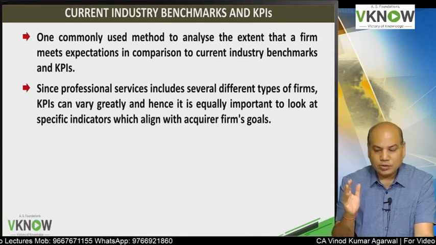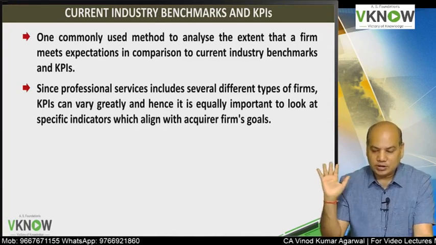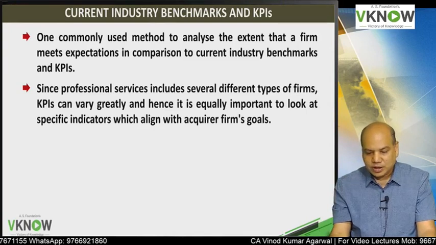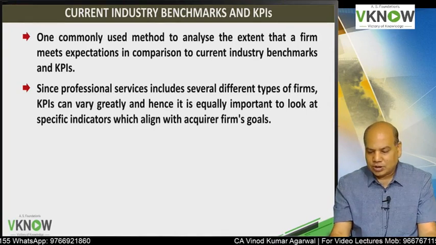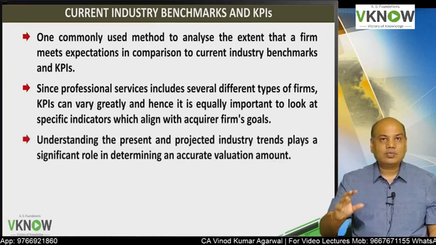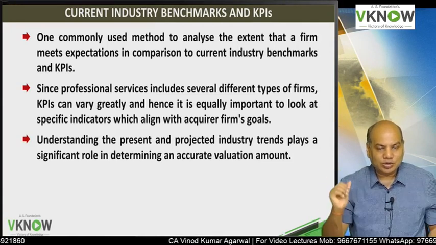Since professional firms are different, KPIs can be different for different industries. Is it right? So one has to look at the specific indicators which align with the acquirer firm's goal. So as an acquirer, which key performance indicators are you looking at?